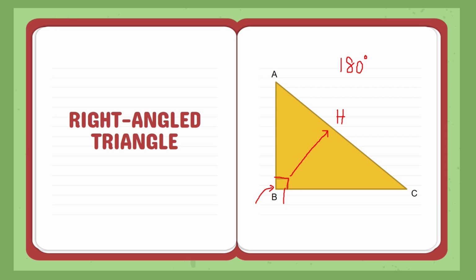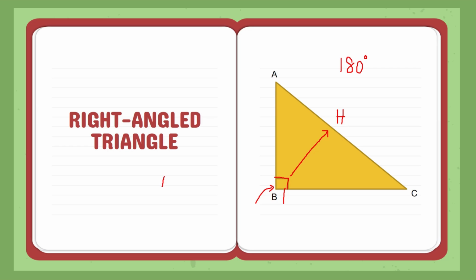In a triangle there are three sides. Comparing the three sides, the hypotenuse is the longest side of a right angle triangle. So we need to remember these things first before we start with trigonometry.